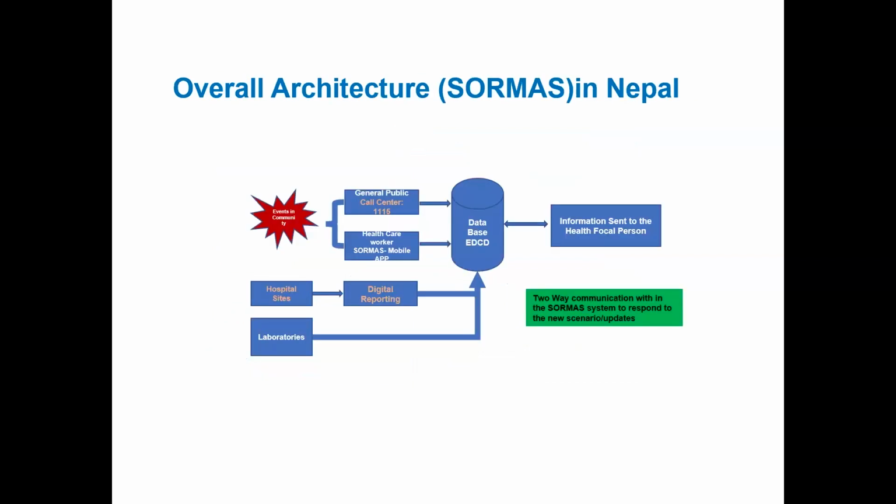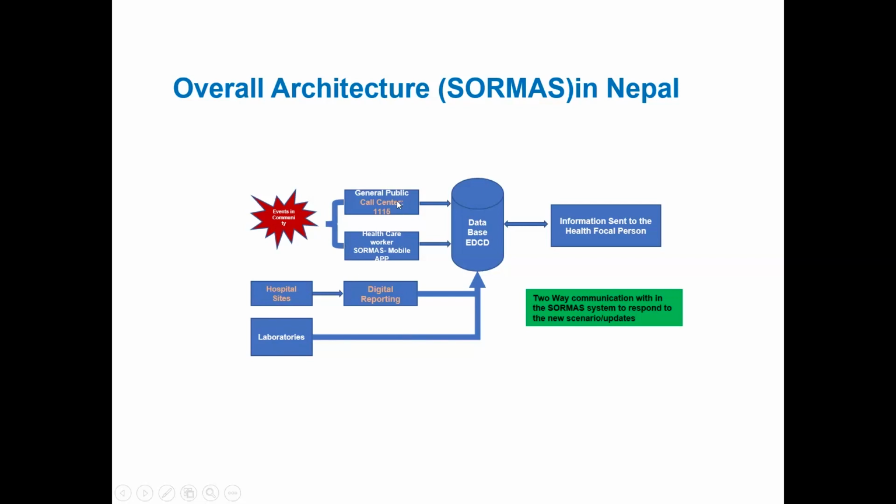The SORMAS architecture in Nepal: the information we can see in red is the emergency community, which is currently missed, so we are trying to receive it through the SORMAS. For hospital sites, we have a system like EWARS through which we receive information from the hospitals, sentinel sites, and laboratories also. We have been receiving some information, but not all.